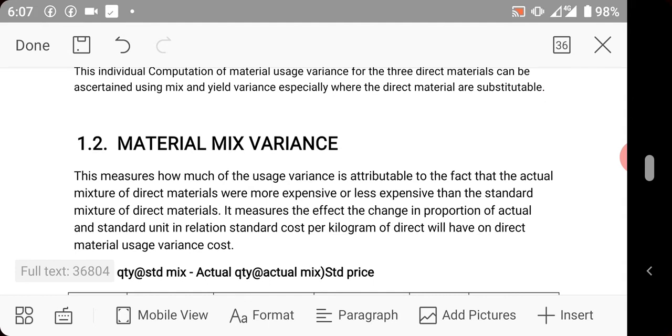This measures how much of the usage variance is attributable to the fact that the actual mix of the raw materials was more expensive or less expensive than the standard mix of the raw materials. It measures the effect of the change in proportion of actual and standard units in relation to standard cost per kilogram of the raw material we have on direct material usage variance.